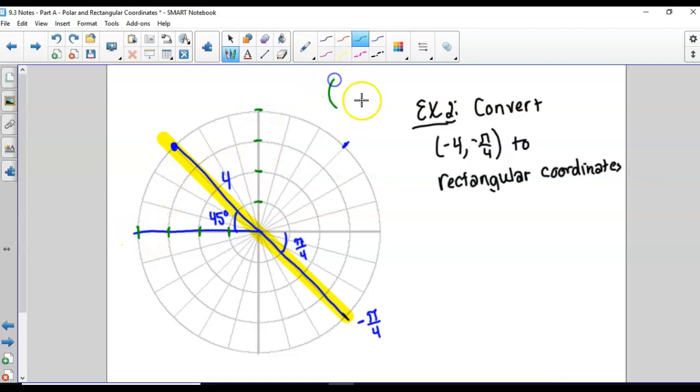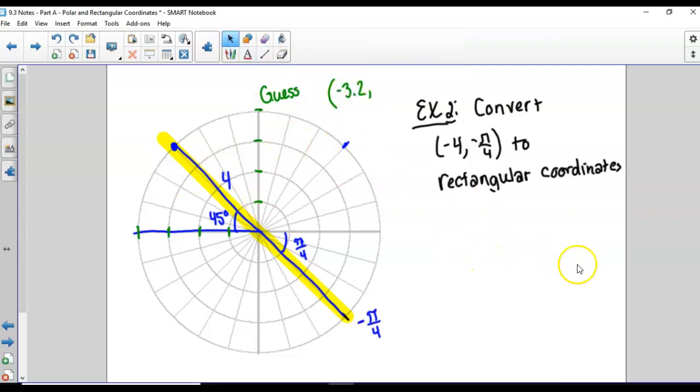what do you think, Boone? What's our guess? Okay. Y coordinate. Okay.